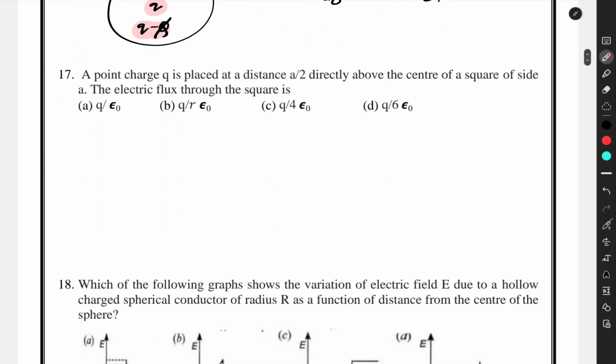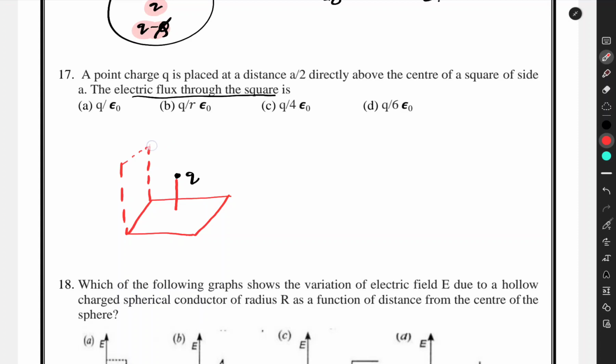Next, the 17th one. A point charge Q is placed at a distance a by 2 directly above the center of a square. There is a square here, and at a particular distance, that is a by 2, a charge small q is placed. What is the electric flux passing through this square? To answer this, I am going to apply Gauss law.